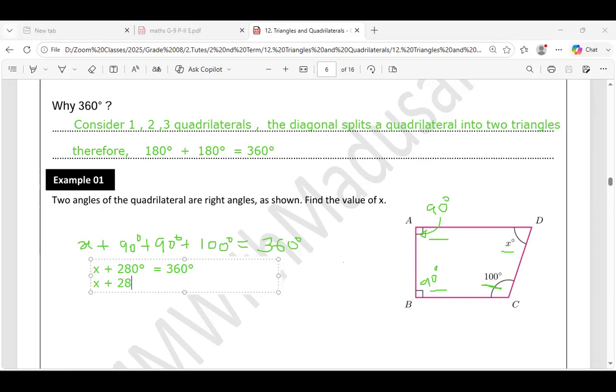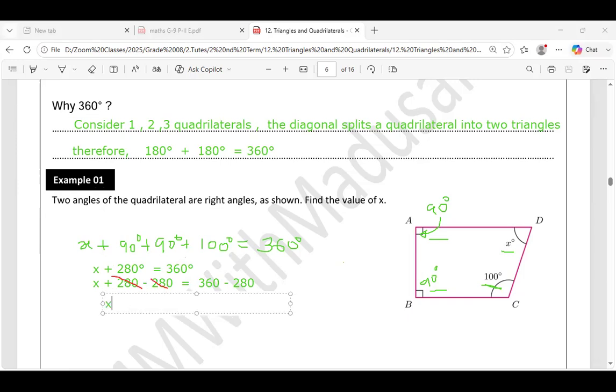Subtract 280 degrees from both sides. Positive 280 and negative 280 cancel out.